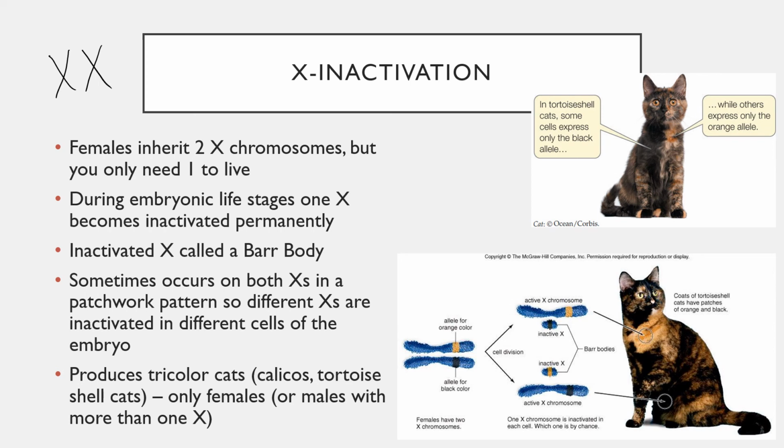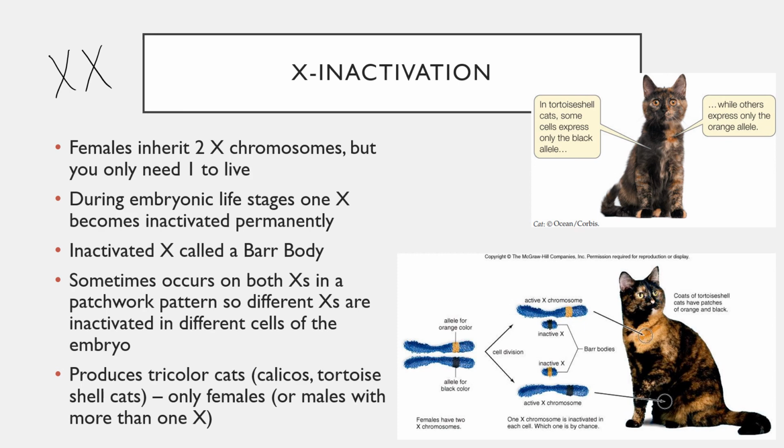Now, in animals, we get a really cool pattern of inheritance because of this X inactivation. It doesn't always work that one X is always deactivated in every single cell. You'll often have a patchwork instance where the X is going to be deactivated differently in every single embryonic cell.